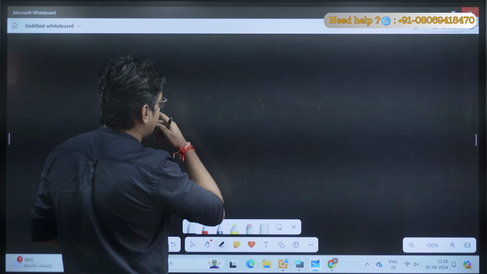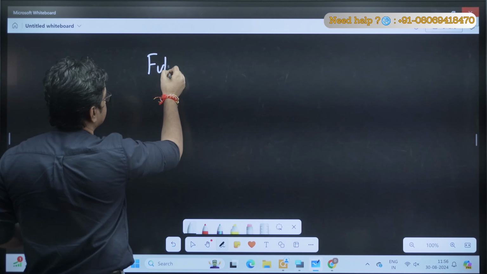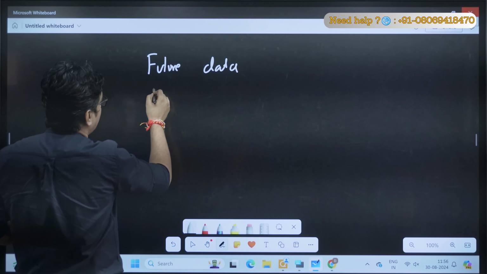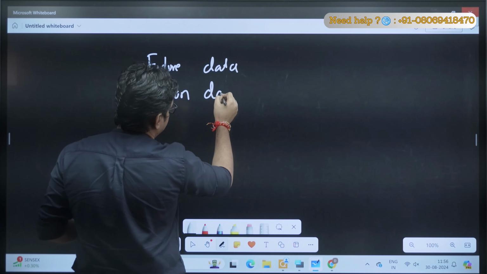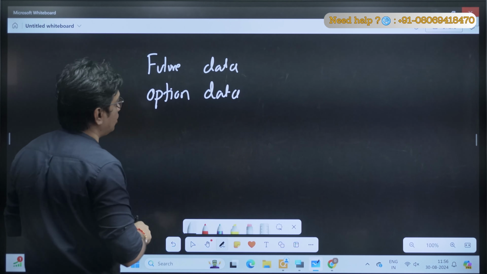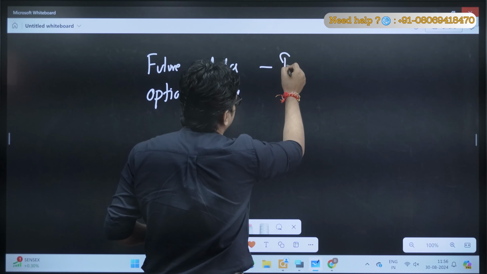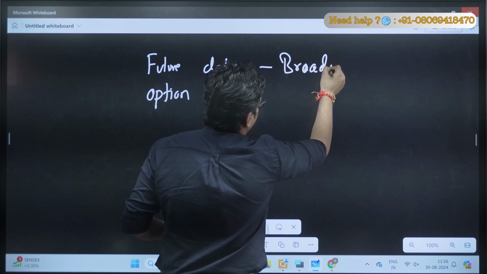Here I am going to use future data as well as option data. Future data will give me a broader perspective, a broader view.